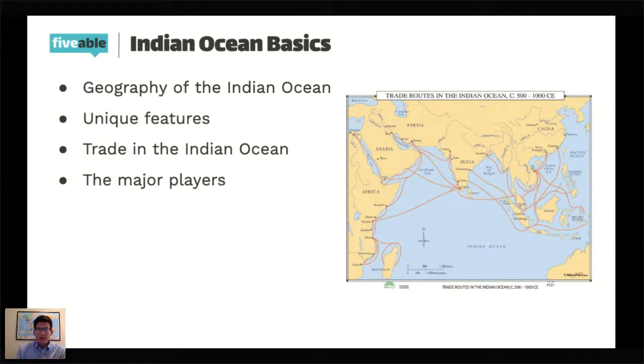But like every other trade route, it's not just going to be limited to a certain amount of items. There are still some luxury goods, many luxury goods that are traded in the Indian Ocean, particularly spices, which could be seen as a luxury good as well as a bulk good, silk that from China makes its way into the Indian Ocean, of course.